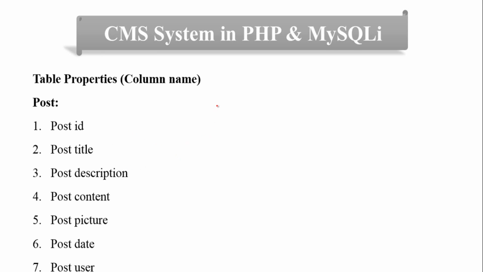There is a relationship between user and post. You can see that this column will be a foreign key. Here we will pass a user ID. For example, when you are logged in to your account and create a post, that logged-in user ID will automatically be placed in this column.